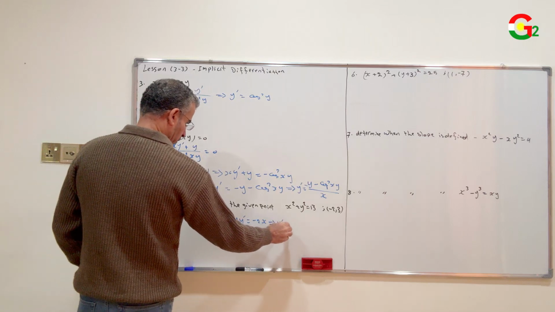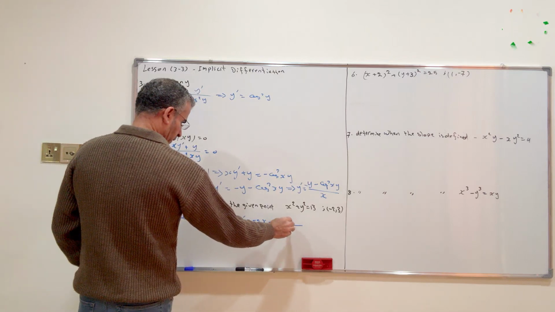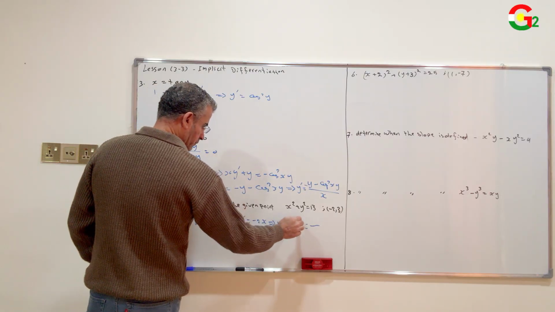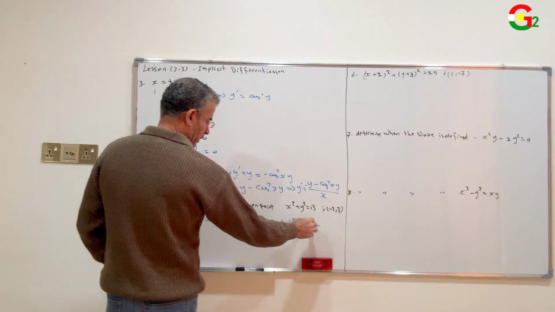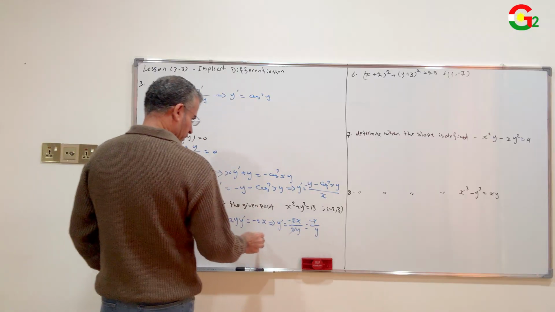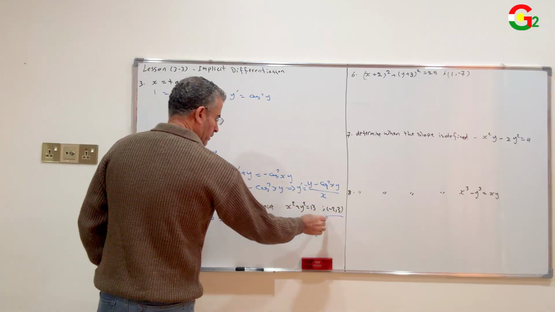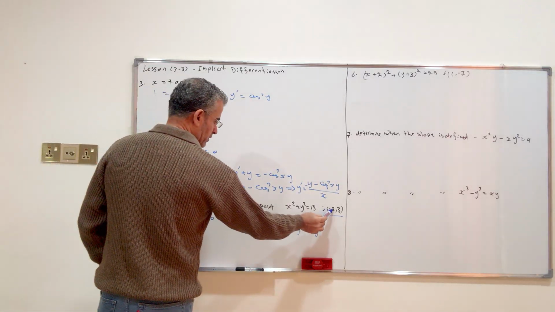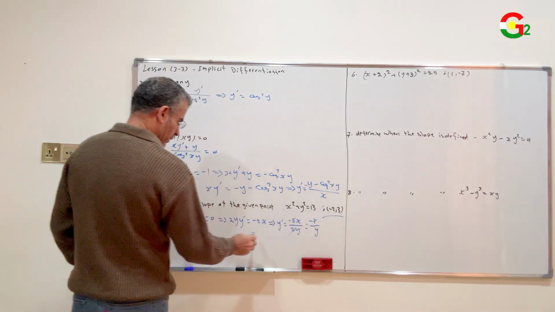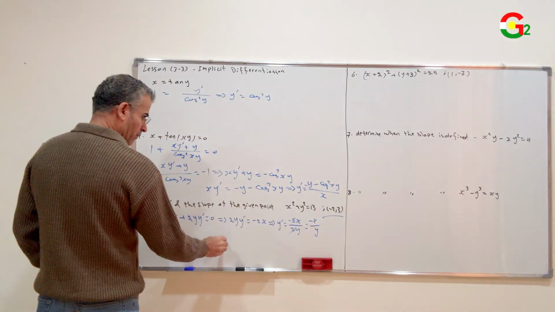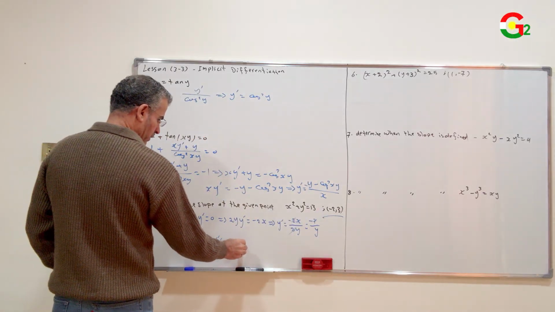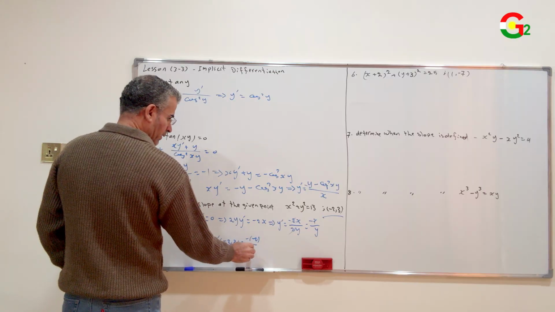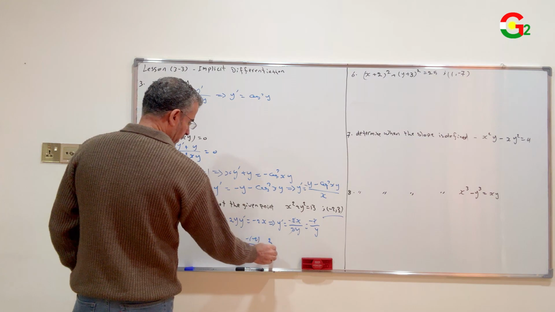Then y prime equal to negative 2x over 2y, reduce 2 with 2, negative x over y. At the point negative 2, 3, replace every x with negative 2, every y with 3, then y prime at negative 2, 3 equal to negative negative 2 over 3 equals 2 over 3.